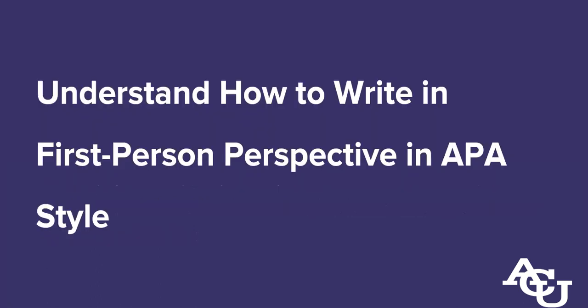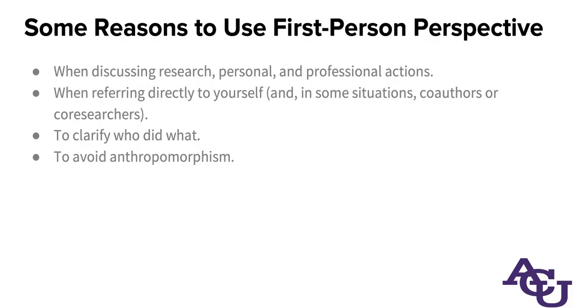All right, so let's talk about first-person perspective in APA style. There are many reasons why you might use it, but in this particular context, specifically when you're discussing research, personal, and professional actions, things that you have done. And it's that clarifying who did what that really provides a good reason for using first-person perspective, because it can be distracting if you use it too much.